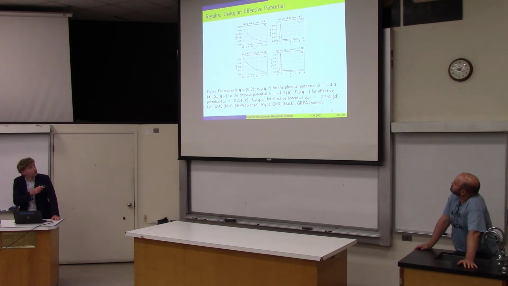Okay. So like, did both of these have to do with that then? So this one, I use the same strength. Well, I should say, we use the same strength in the GRPA that we used in our quantum Monte Carlo runs, which was -4. And in this one, we used -4 for the quantum Monte Carlo. It's the same data, it's the same blue curve.